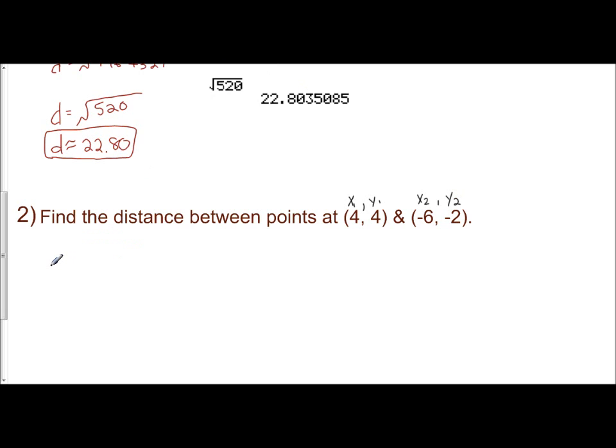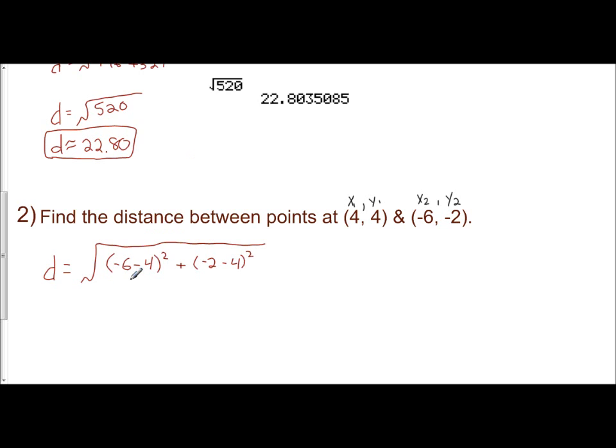So distance is equal to the square root of x2, which is -6, minus x1, so 4 squared, plus y2, which is -2, minus y1, which is 4 squared.